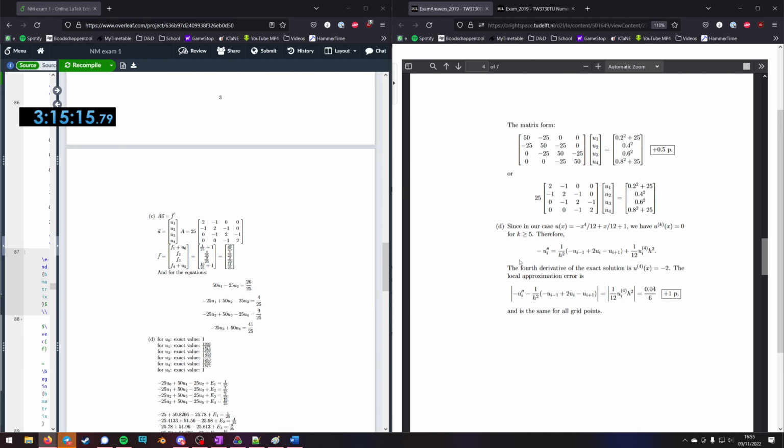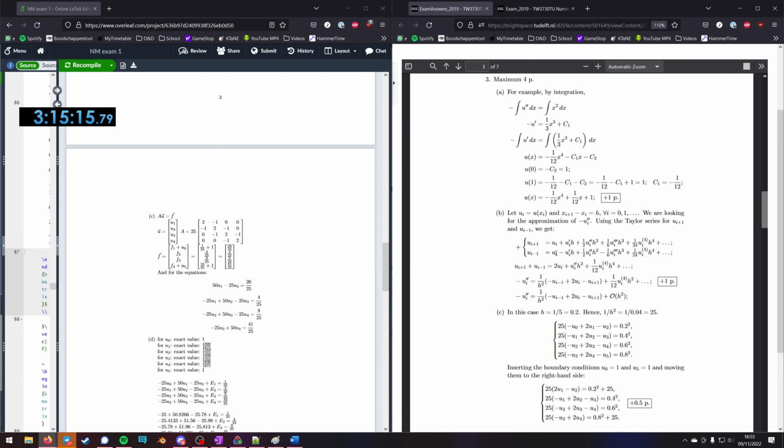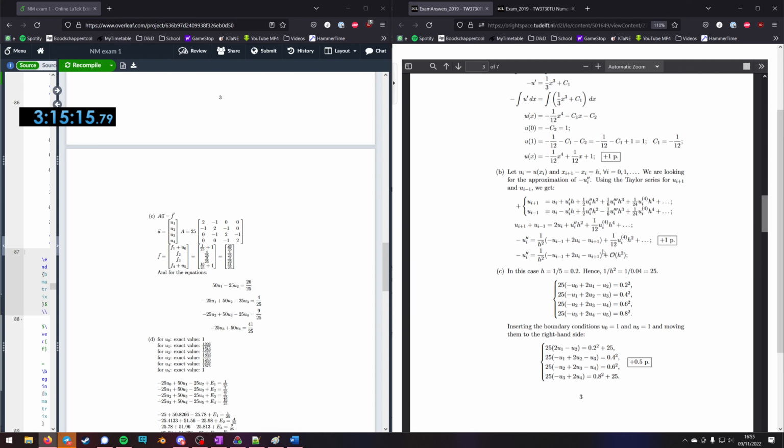What he's doing is, when you look at this Taylor expansion, we are using this, and this is the only place where we get error, right? If our Taylor expansion continued forever, we wouldn't have any error. And here i is a grid point.